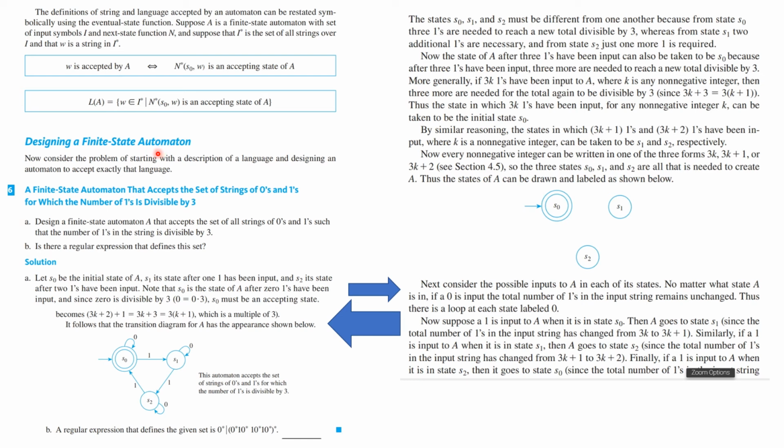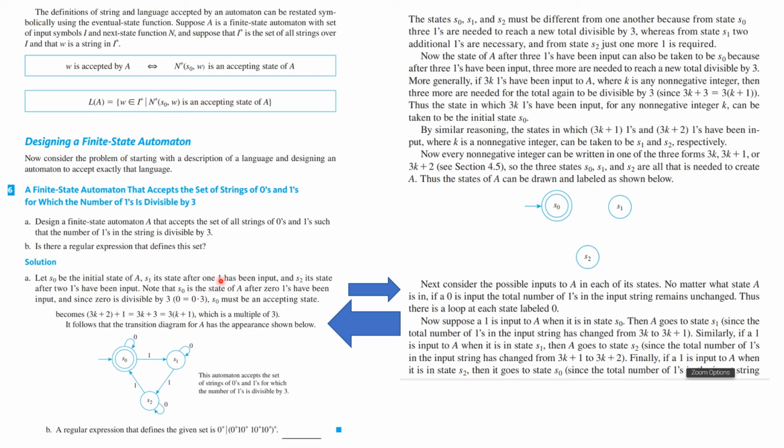Now we can actually think about designing a finite state automaton also. Here we're talking about designing a finite state automaton that accepts strings of zeros and ones, but only those where the number of ones is divisible by 3. We're asked to design an automaton A that accepts those strings, and then we're subsequently asked if a regular expression does in fact define that.